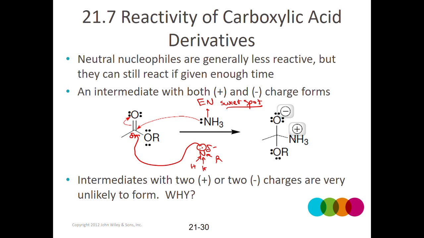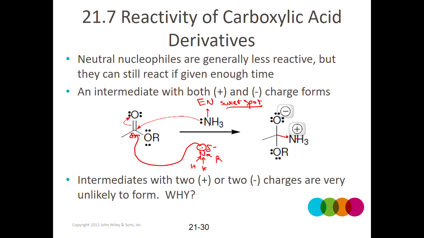A nitrogen with a positive charge is relatively stable as far as charges go because it's not super electronegative. It doesn't rip the electrons right back. It's cool sharing 4 pairs of electrons at once for the most part.